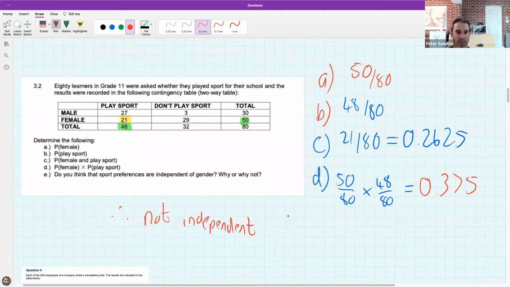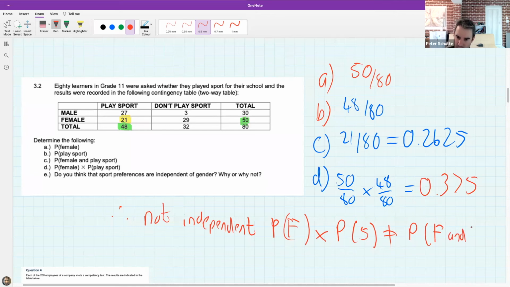And the reason is that basically P of F times the probability of playing sport is not equal to the probability of F and S. Or in terms of the numbers, it's going to be 50, it's basically this stuff up here, does not equal this one over here, which is 21 over 80.